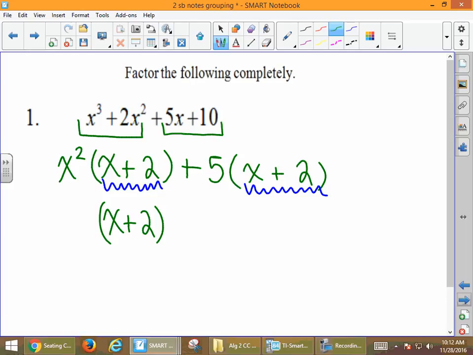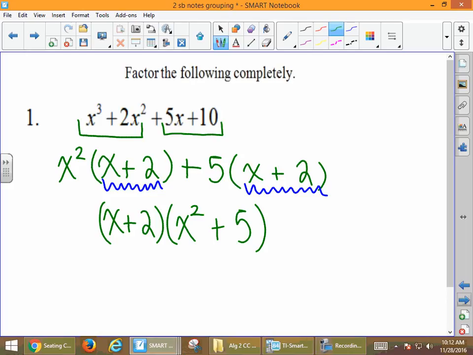We only write it down once. It's coming from both groups. Then the rest of our factoring process is that we still have an x squared, and we still have a plus 5. And there's our factored version of that problem.